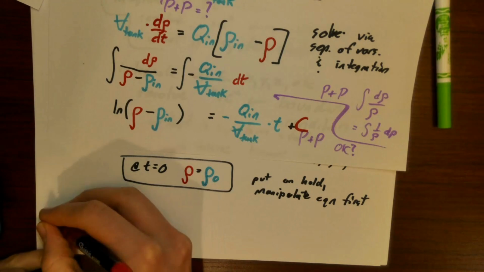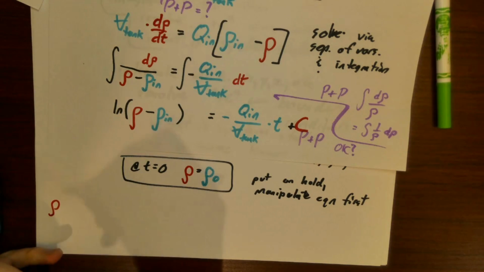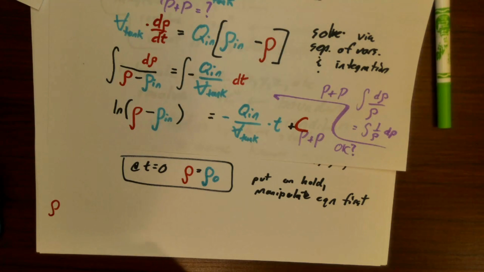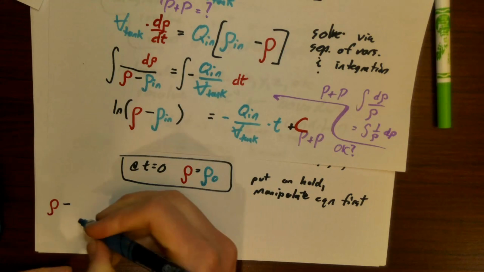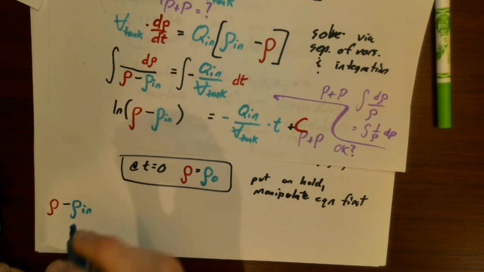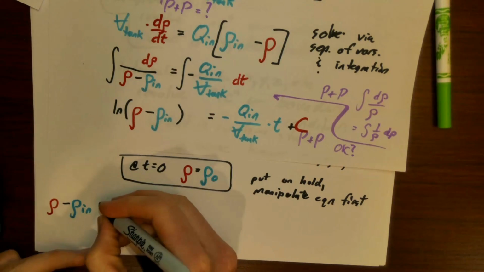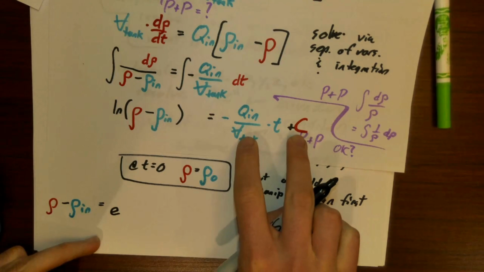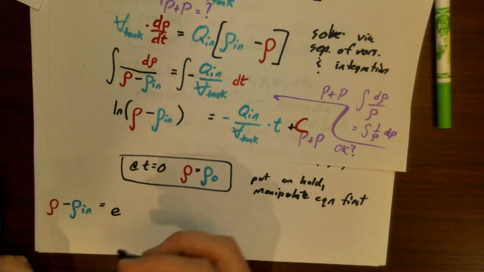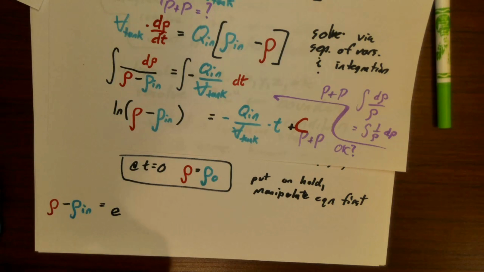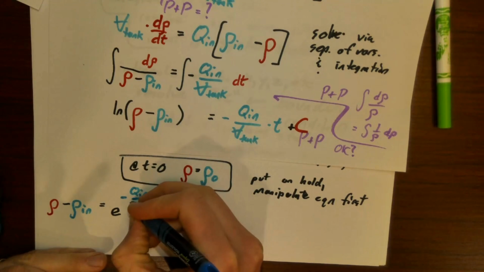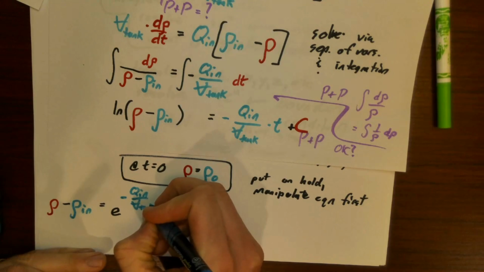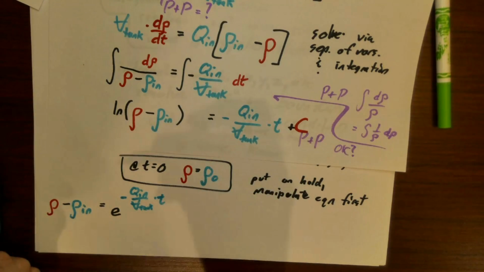Then I get rho minus rho in is equal to e to the whole right-hand side. So it's going to be e to the minus q in over v tank times t plus c.